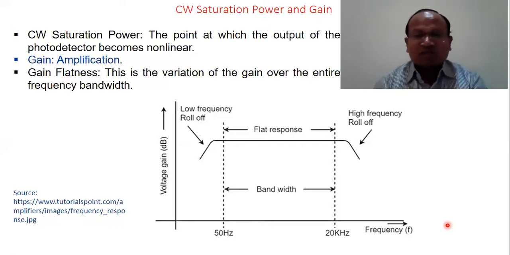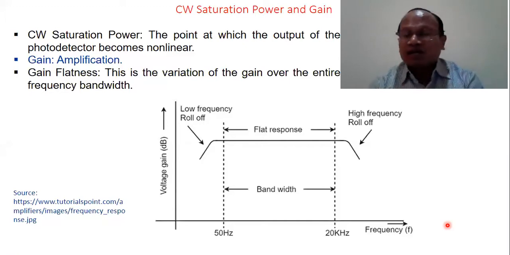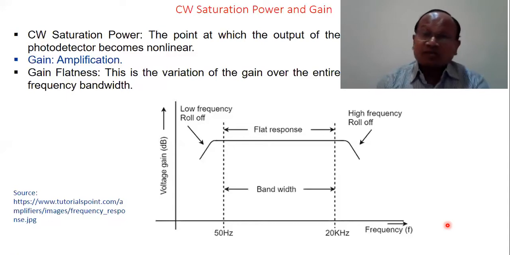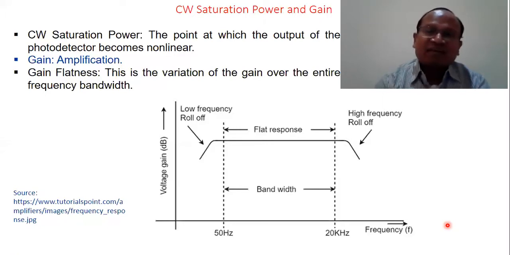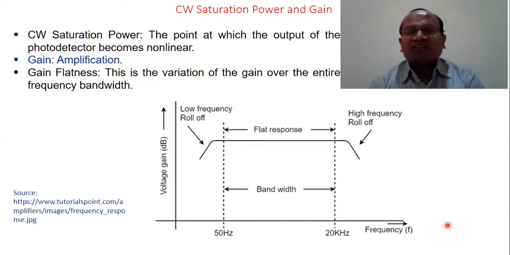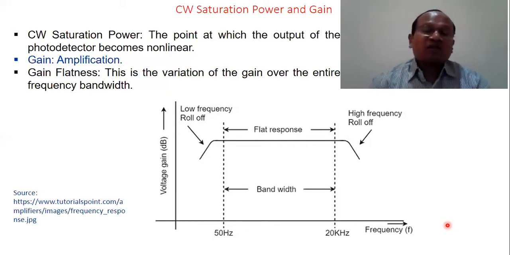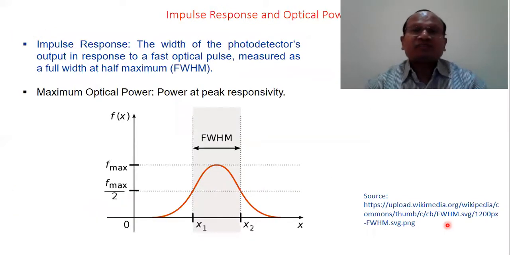How much voltage gain you are obtaining is definitely one decisive factor. But what is even more important is whether the gain you are obtaining is stable or not. Stability is very important, and that stability is indicated by the flatness of the gain. So this is another important parameter in the optical detector.